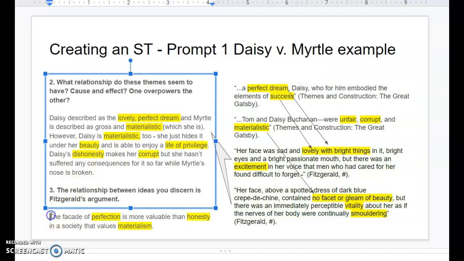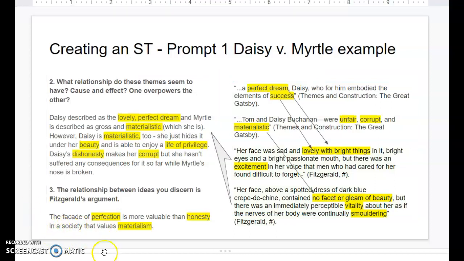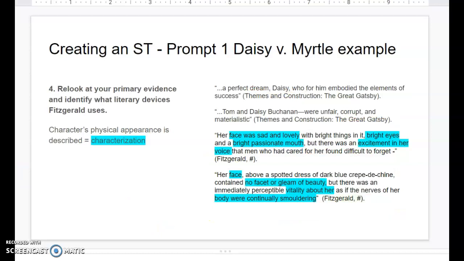So one way I've put that in a sentence is: the facade of perfection is more valuable than honesty, because we would call Daisy ugly if we were honest, in a society that values materialism. Ooh, there's Fitzgerald's argument.